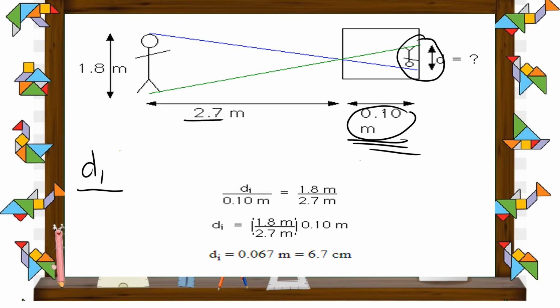Then you have here 1.8 and then your 2.7. So that's how you're going to make the ratio. Then again, cross multiply, divide both sides so that you will be able to find that it is 0.067 meters or 6.7 centimeters. So let's erase first that one so that we can go back.